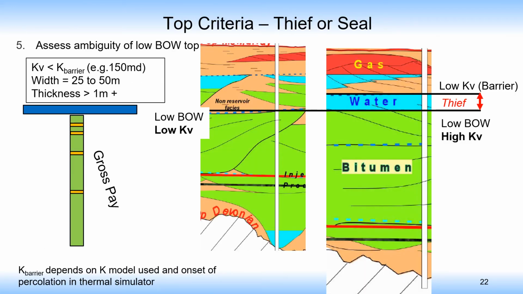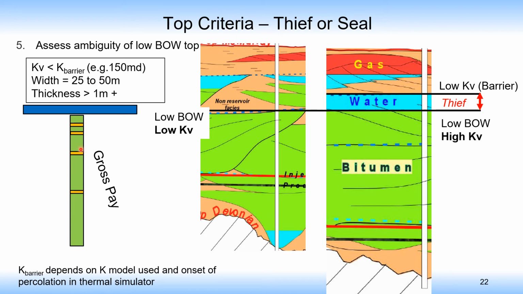So to assess the ambiguity, we look at the vertical perm over a barrier, and I'm giving the example of 150 millidarcies. It could be 125, 175. Just depends on what kind of perm model you have. And the width, 25 to 50 meters.